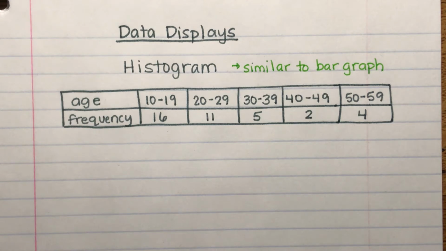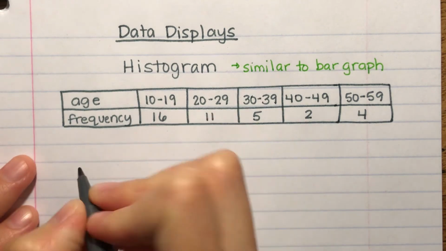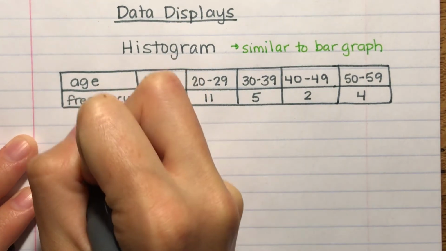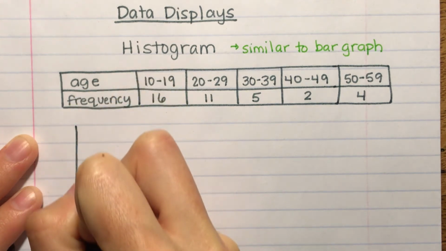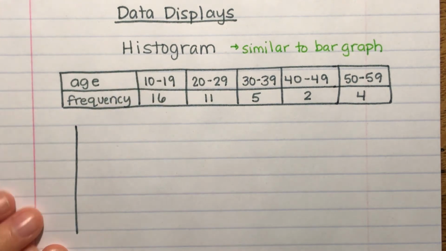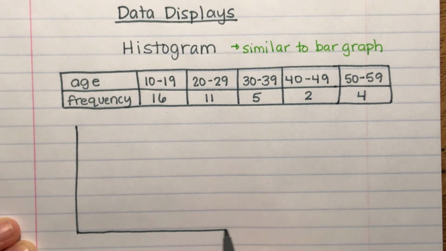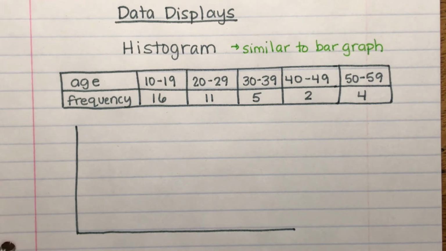So what I'm going to do for this is set up kind of like a bar graph, a little mini graphing table. I'm going to have a bar on the side here. This will tell me my frequency, meaning how many people answered that. And then across the bottom, I'm going to have my different categories.